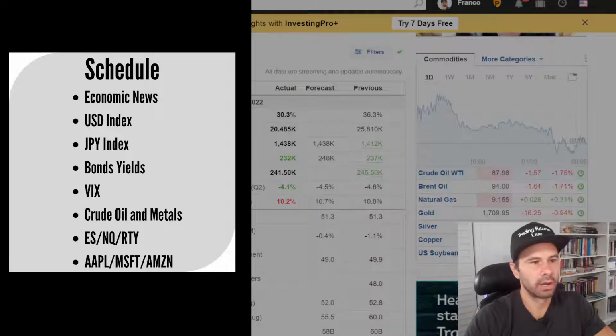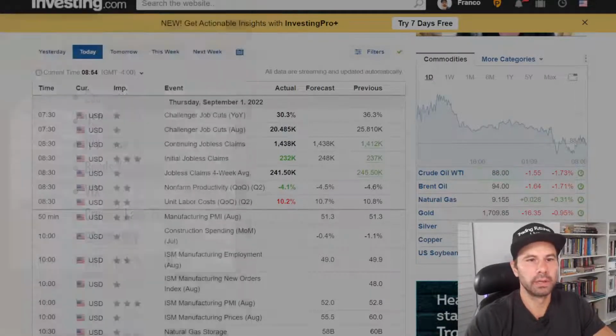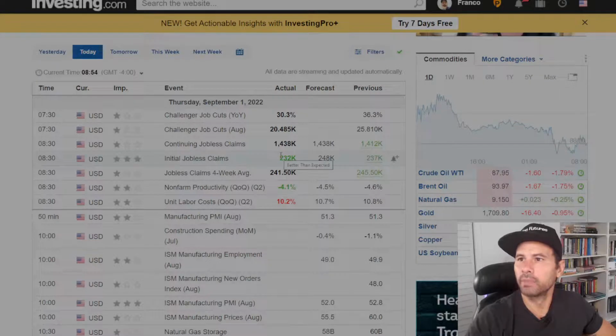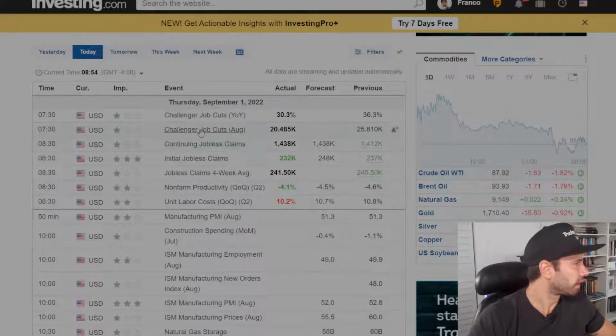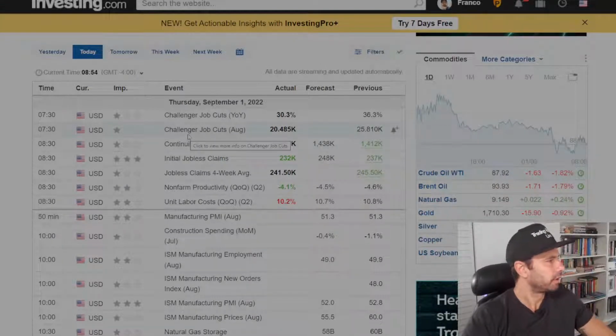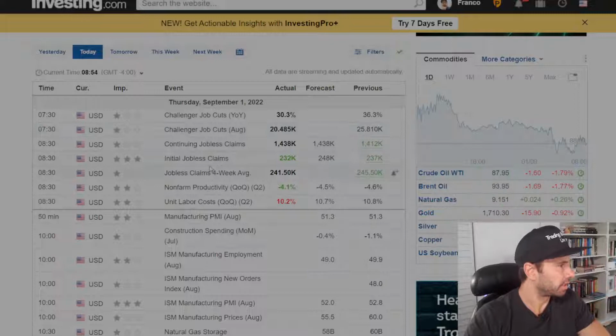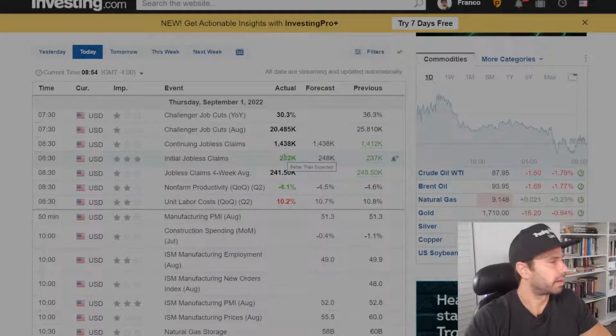All right, let's jump right into it. Here we do have the investing.com economic calendar release. We did have a jobless claim earlier. It was better than expected, 232,000 against 248,000.